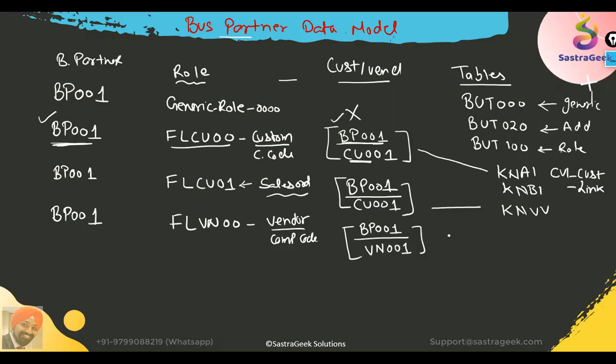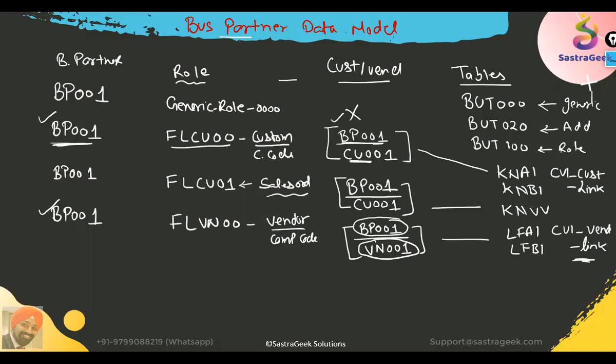With this creation, your vendor tables LFA1 and LFB1 would be updated, and then another table, CVI_VEND_LINK, would be updated. Okay, the vendor has been created and the link has also been set up between this business partner and this. Now this number is a vendor number, either this or this. Both numbers can be there. We'll discuss that concept.